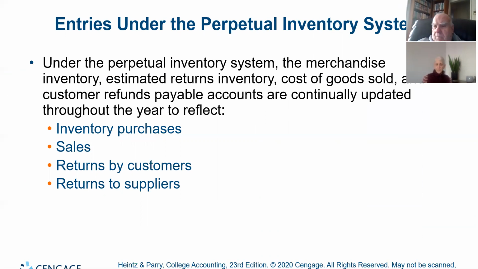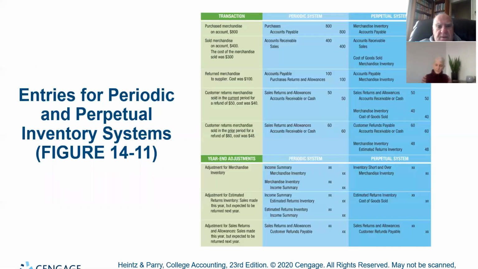And that's the whole point of the perpetual, that every time we record something that affects the inventory dollar amount and units will be immediately updated, and any related sales or purchases will be as well at the same time. So we purchase inventory, we sell it, and maybe customers return things, and we return things to suppliers.